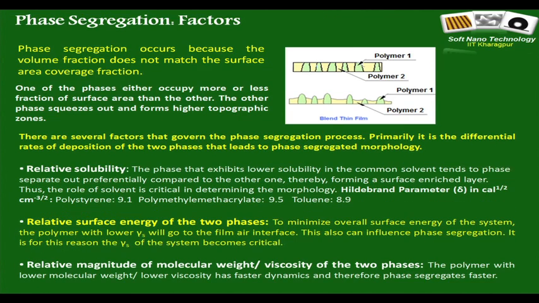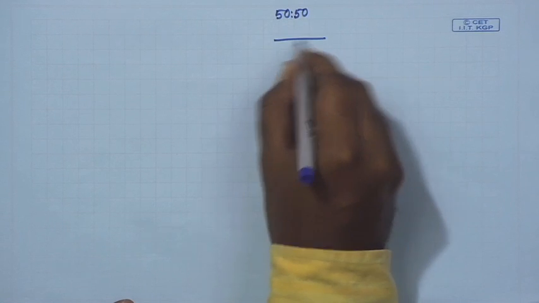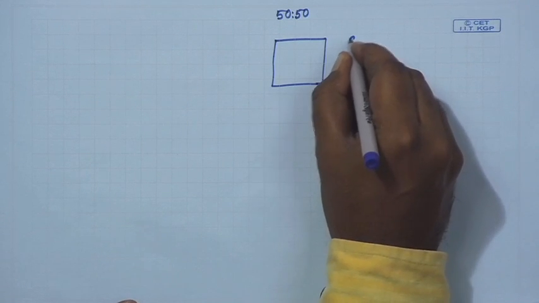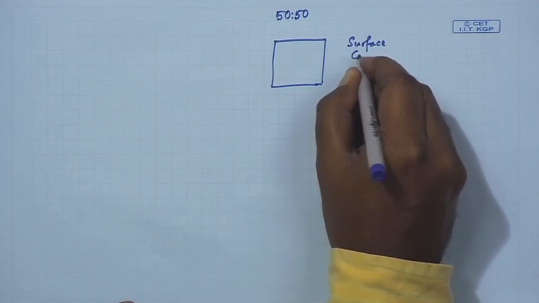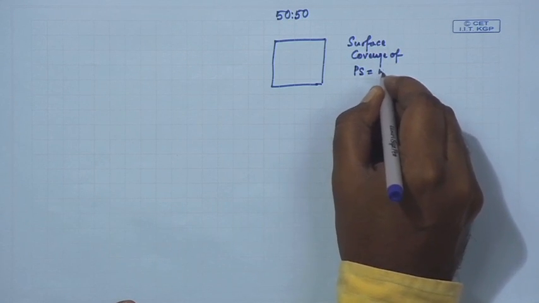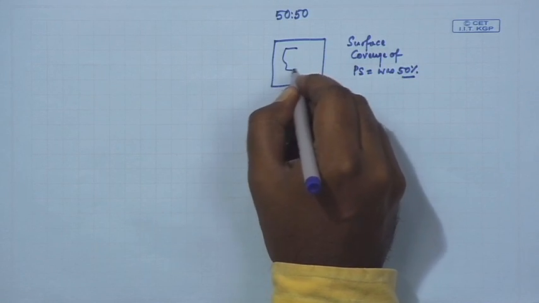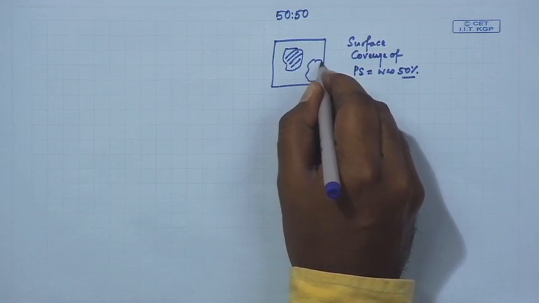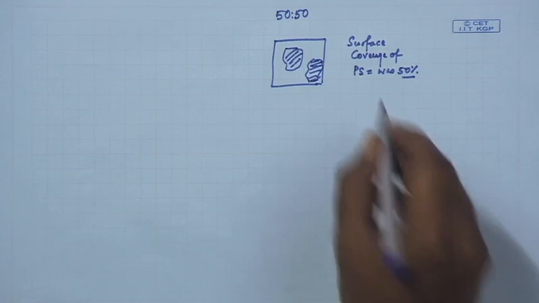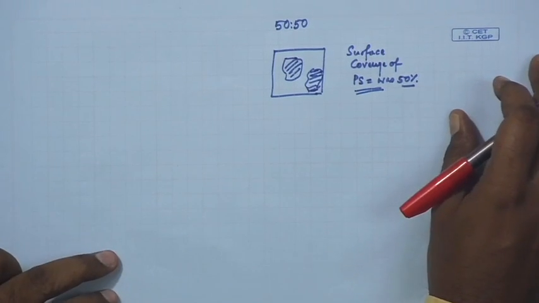Now, had the surface coverage of, let us say, phase 1 been 50%, suppose 50% of the surface was covered by phase 1, polystyrene would have covered 50% of the surface, then the remaining 50% of the surface would have been conveniently covered by the other phase, and you would have still seen a flat surface.